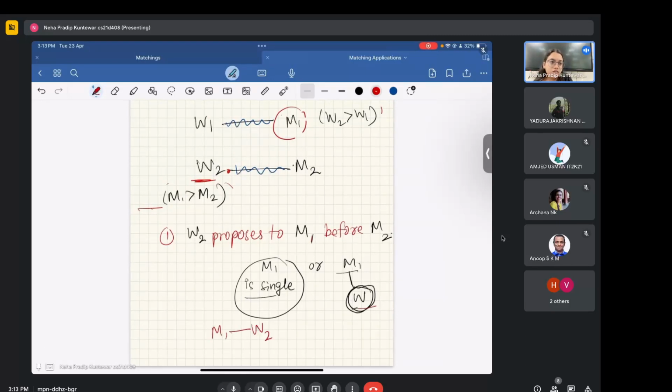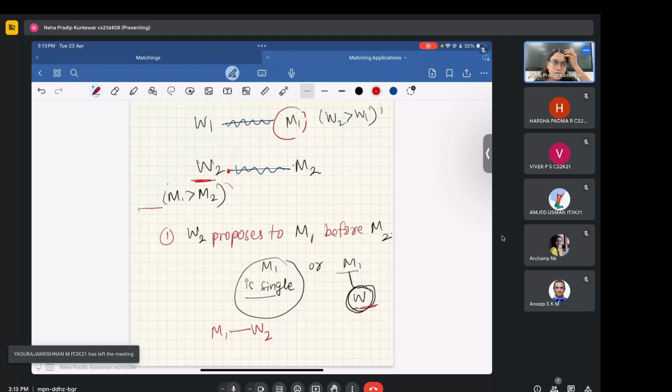And if M1 is already engaged to W, what can happen? He will accept only if he prefers W1 over W. So in any case, M1 is matched to someone with a higher preference than W2, some W prime of a higher preference than W1.